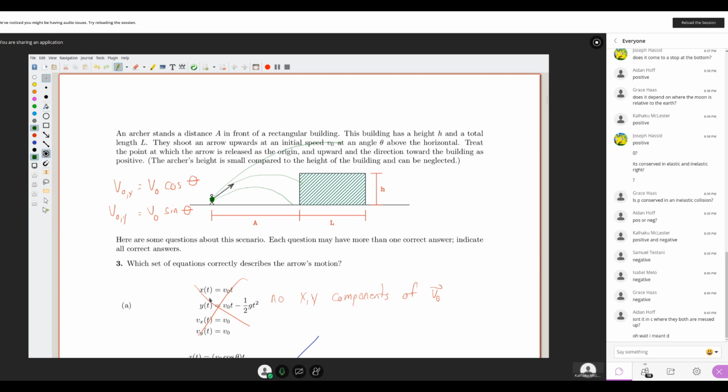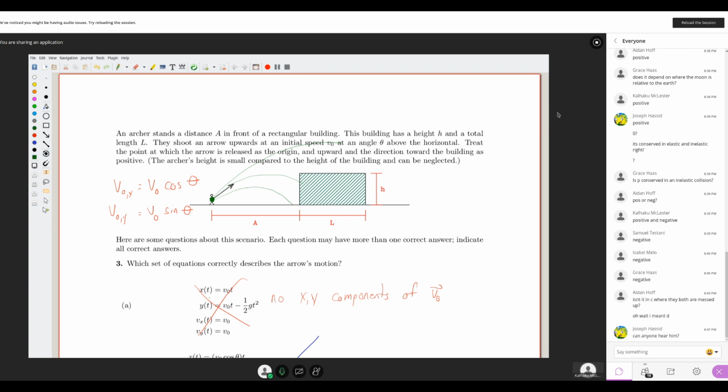So, how do we know if the arrow hits the left-hand side of the building? Well, oh, can you all not hear me? Crap.